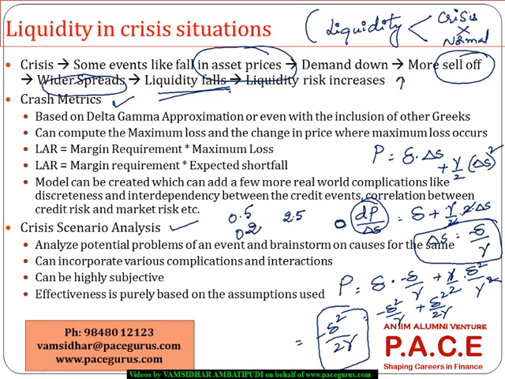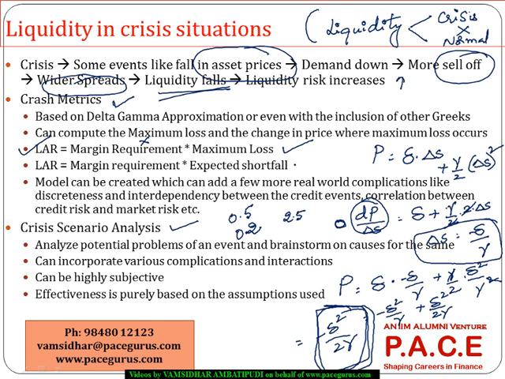So you multiply that with the margin requirement to compute the LAR, because when the price can fall to this extent, the margin has to be replenished. So the margin requirement times this maximum loss could be your LAR.